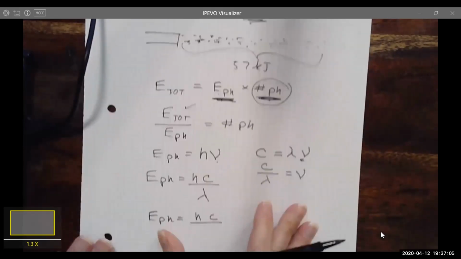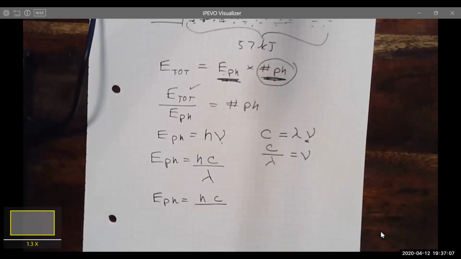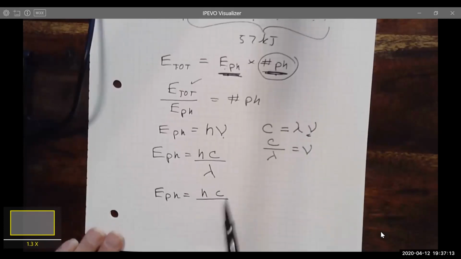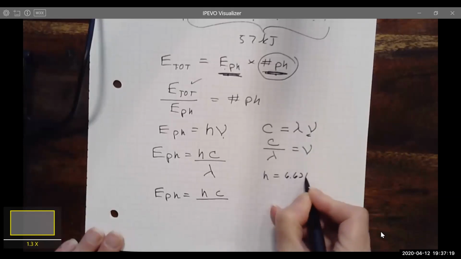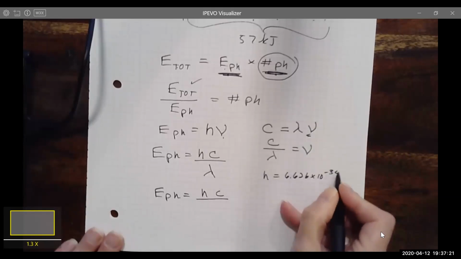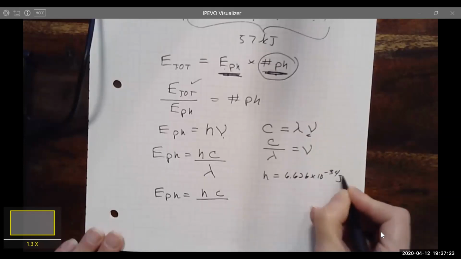Now, when I put the numbers in for h and c, the c is going to have units of meters per second. Okay, so h is going to be 6.626 times 10 to the minus 34 joules times seconds.